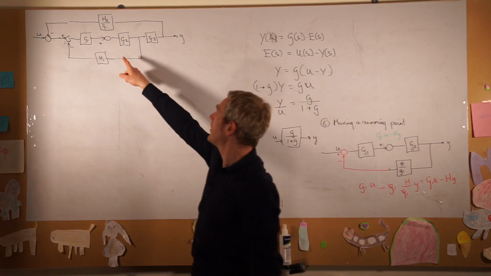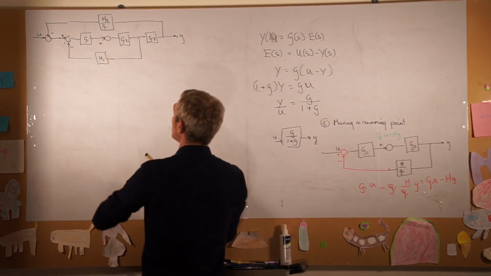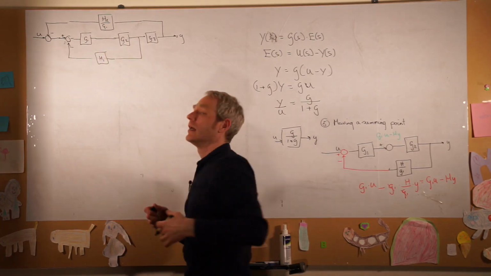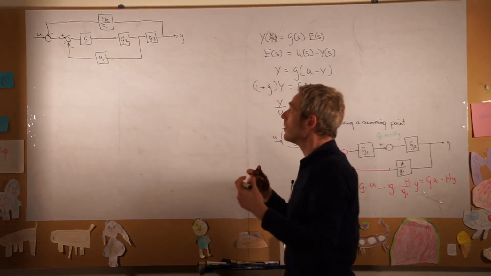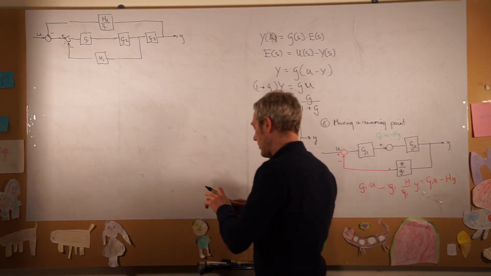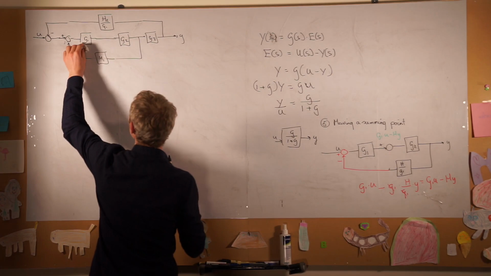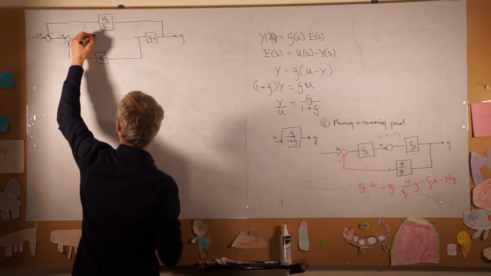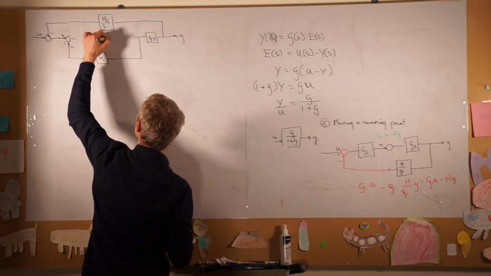Here, this summing point doesn't do anything anymore, so we can replace that with a solid line, and we have two serial systems. To combine two serial systems, we can simply multiply them with each other. So this becomes a single block with G1, G2.